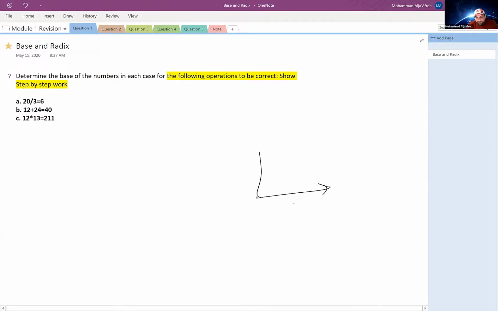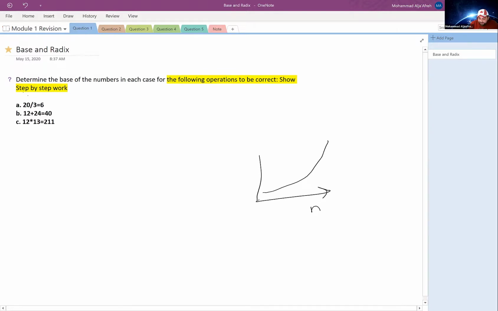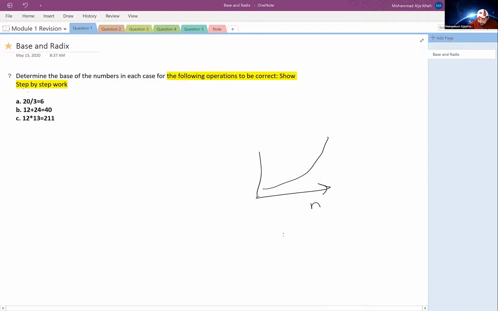If I have 7 bits, that means I can have 2 to the power 7, which means 128 possibilities.